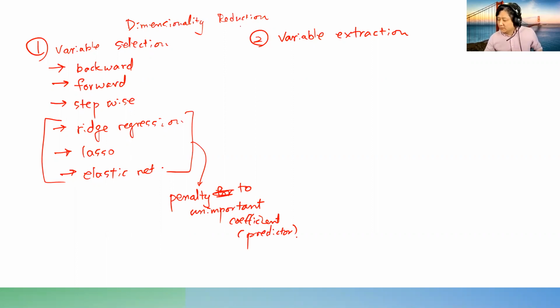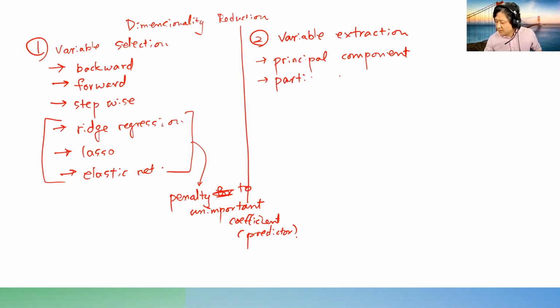The second is variable extraction. First, we talked about principal component analysis, right? And the second one is the partial least square method.